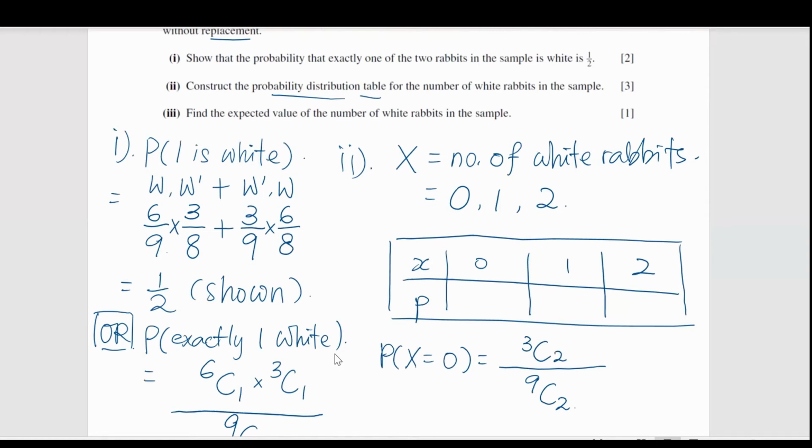That will give you the probability that X equals 0. So the answer will be 1 out of 12.